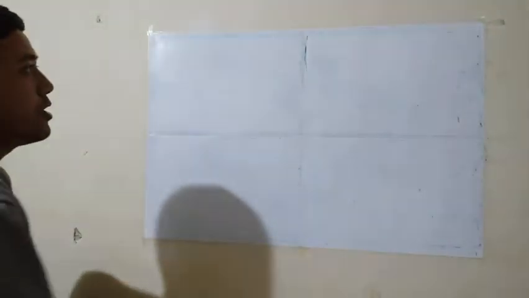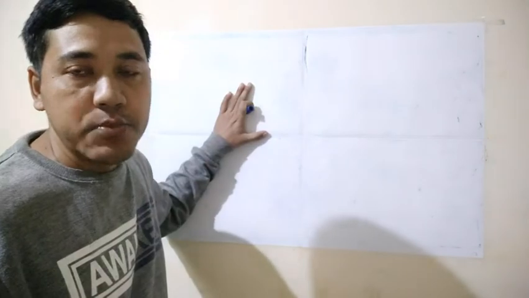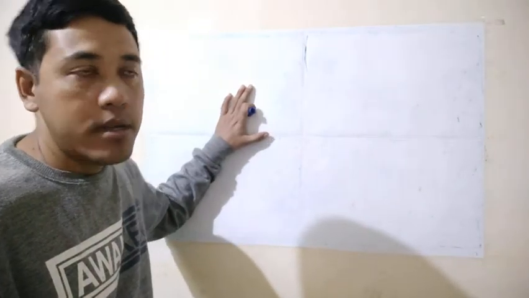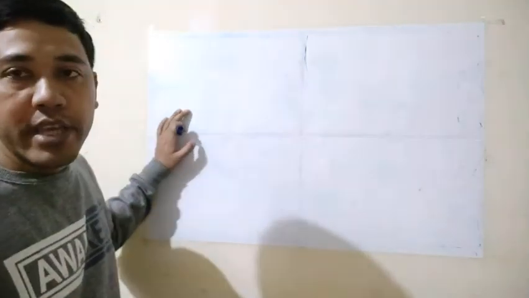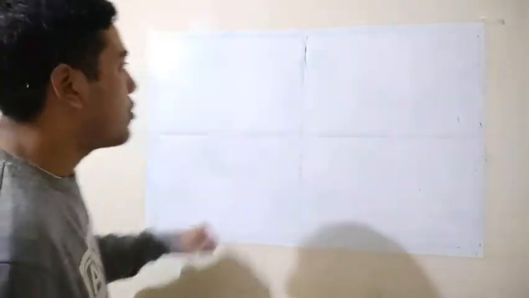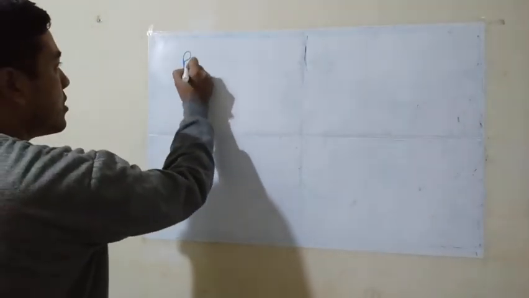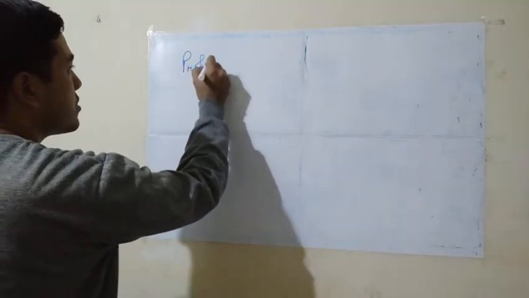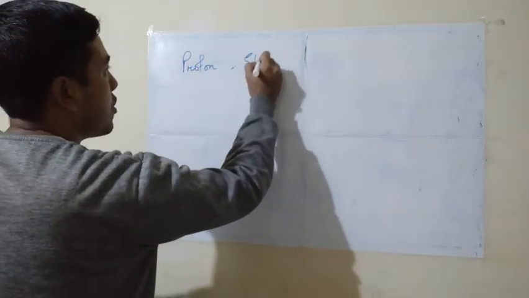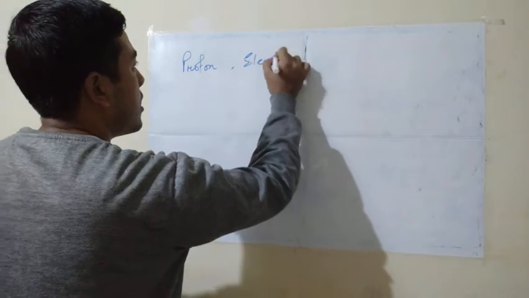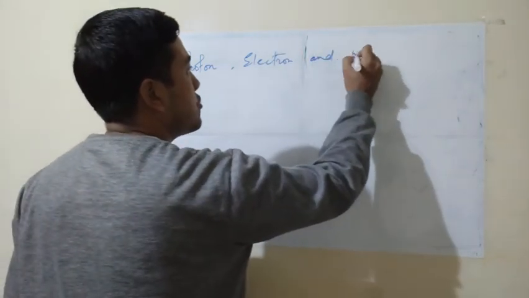Now, before I start explaining the atomic number, yesterday I already explained about the three subatomic units. What are they? They are proton, electron, and neutron.